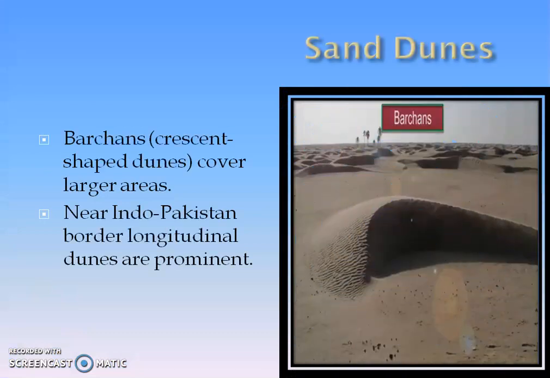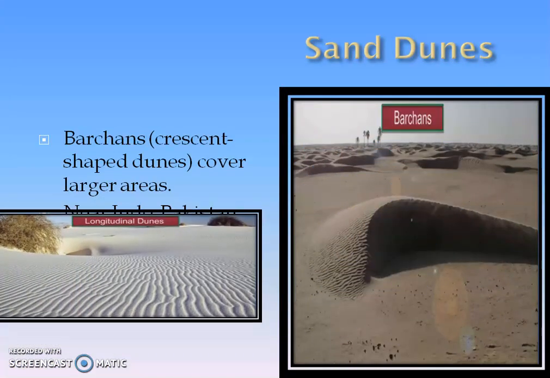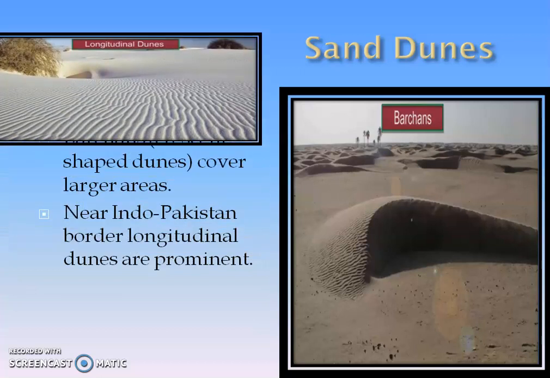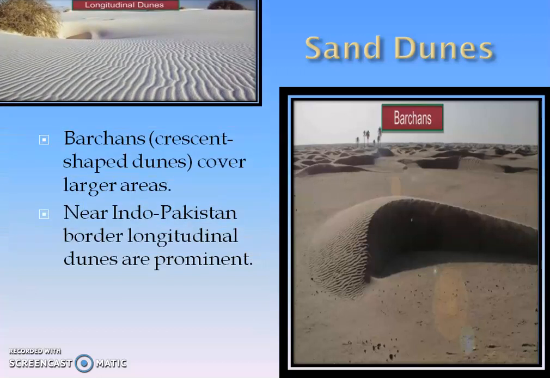Now, let's talk about the sand dunes. Most part of the Indian desert is covered by barkhans. Now, what are barkhans? Barkhans are the crescent-shaped sand dunes. Look at the shape.